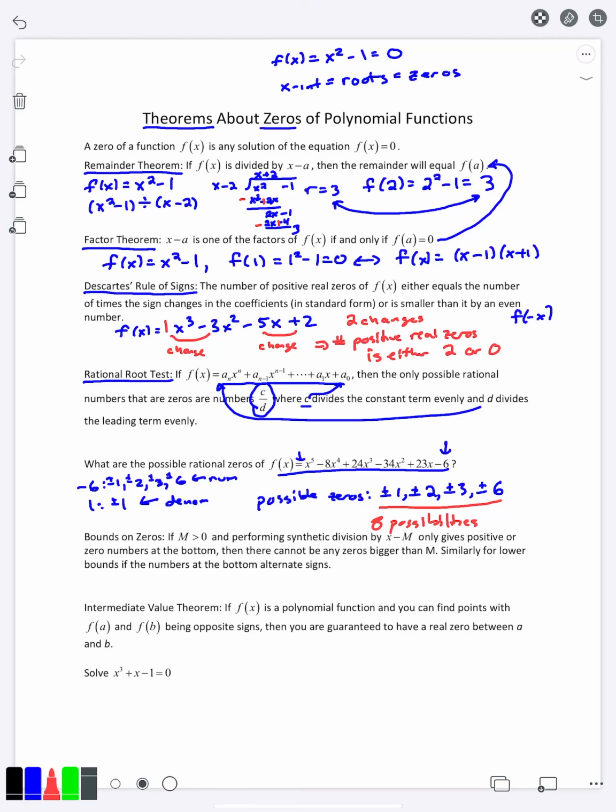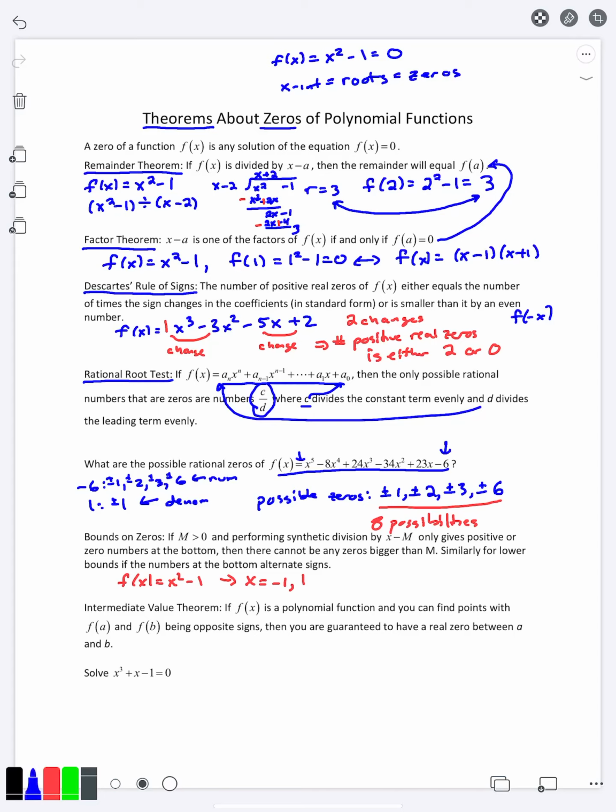Okay, there's 2 more theorems in this video. The next one is on bounds of zeros. Really quickly here, if you say have f of x is x squared minus 1, we know what the zeros are. We know the zeros are -1 and +1.